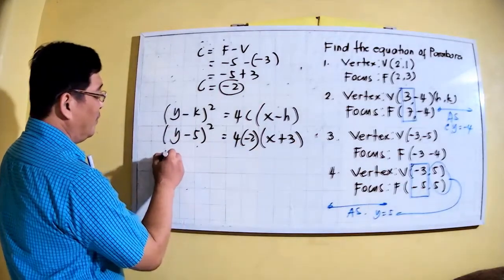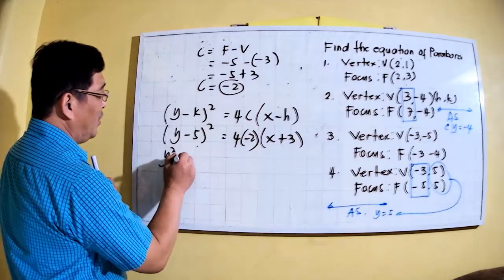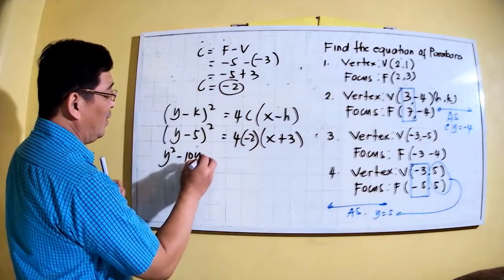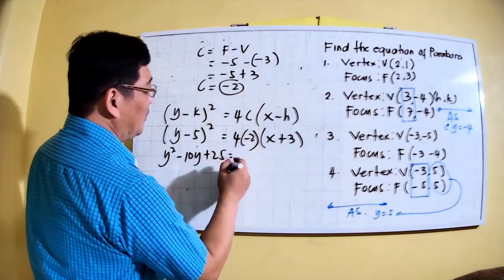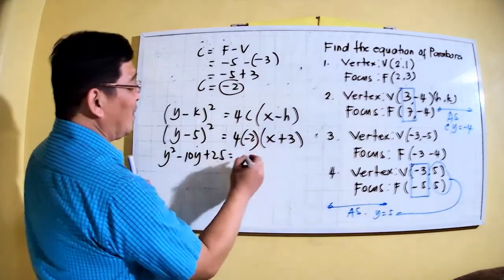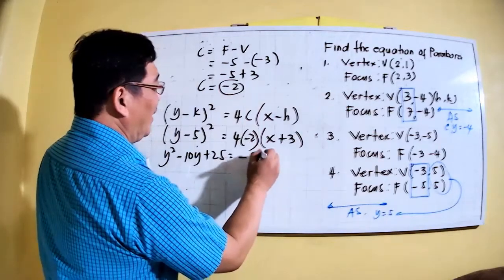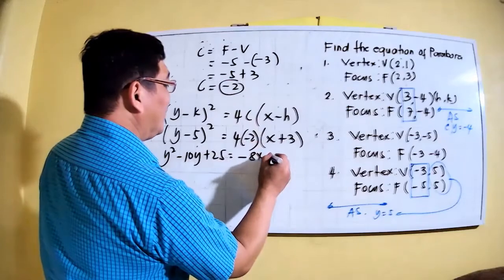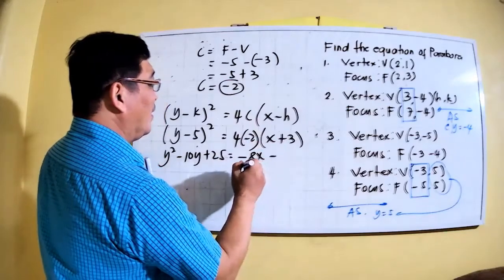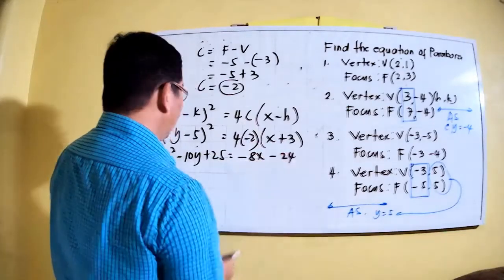We have y squared minus 10y plus 25 is equals to 4 times 2 is negative 8 times x, negative 8x. Negative 8 times 3 is negative 24.